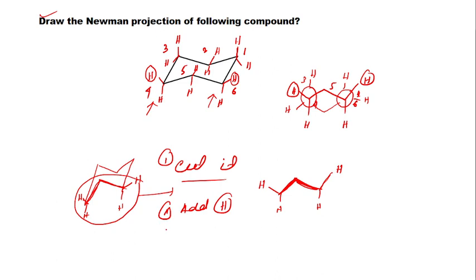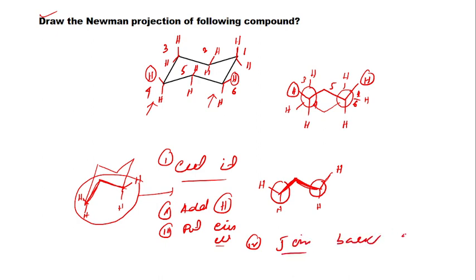Then what is the next step? Put the circle. So we have put the circle here. Then what is number 4? Then join back carbon. So one is here, another back is 3.